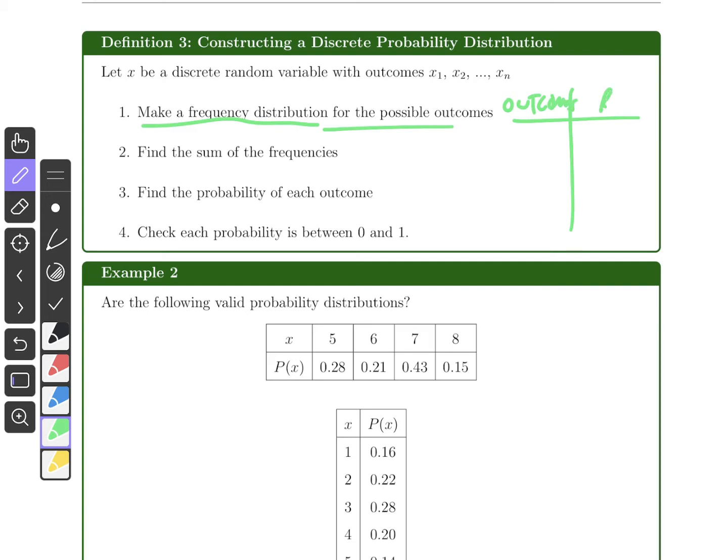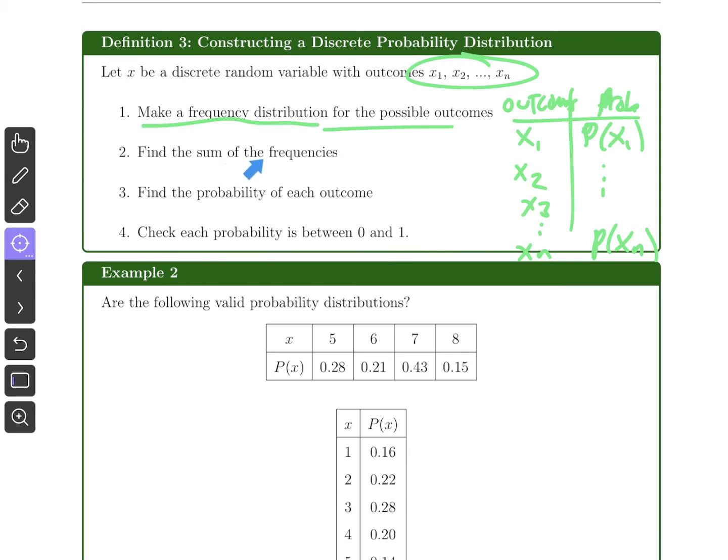And on the right-hand side, instead of the frequency, it's the probability. Here it says on the left-hand side, you list all your outcomes, all the way up to your last one. And then on the right-hand side, we could say probability of x1 all the way up to the probability of xn.